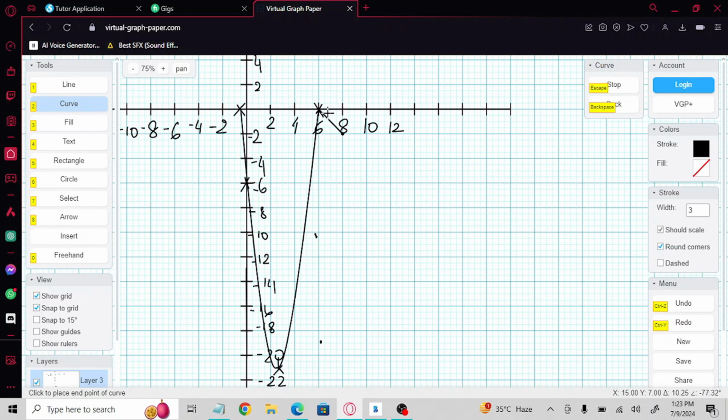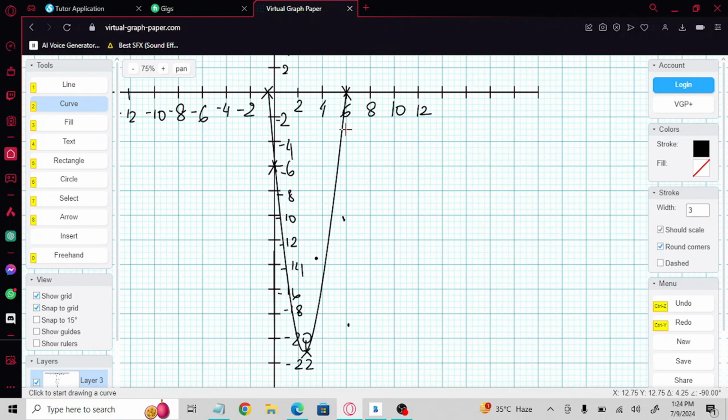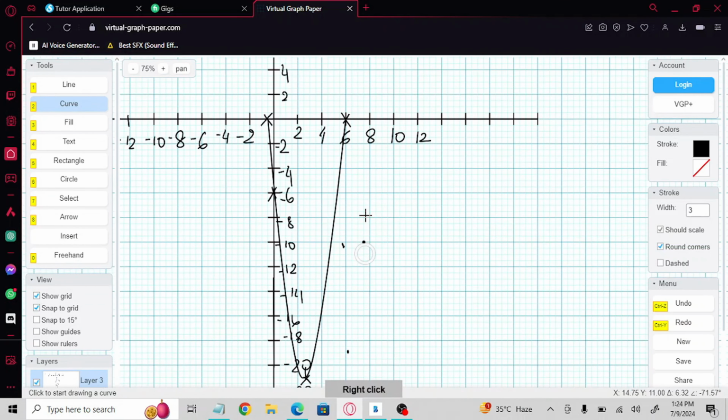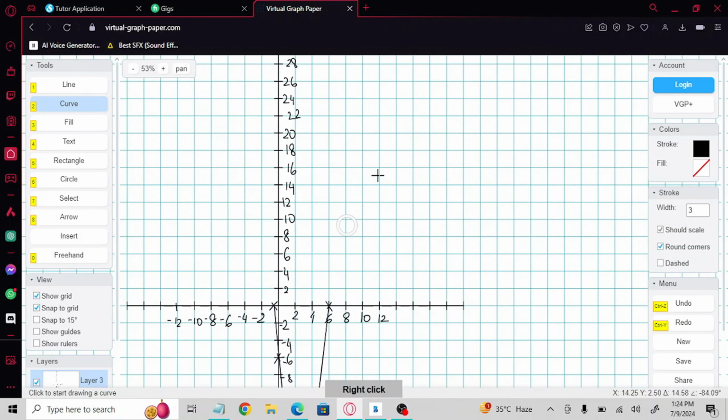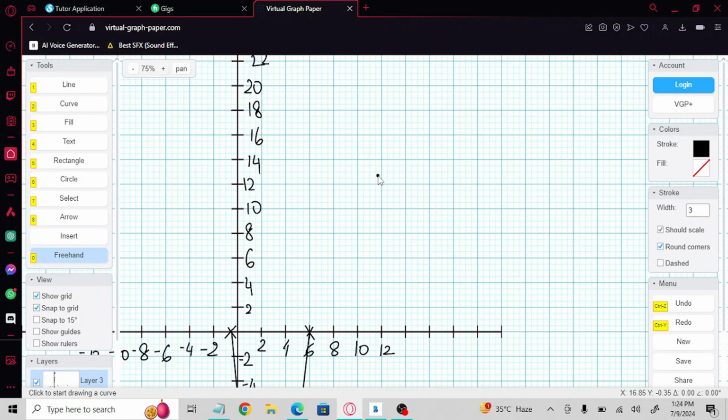And then that's it. Okay. The next thing we'll do is reflect this graph. So negative 21.25 will become positive 22.25, and that will give us a point that will be approximately 20.21.25. That's it.